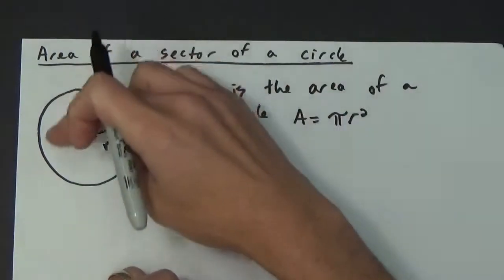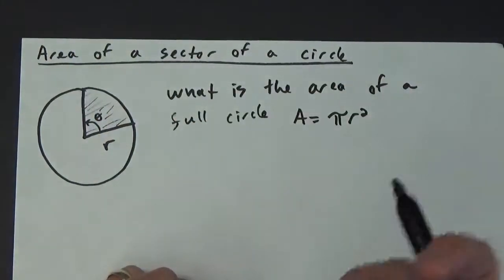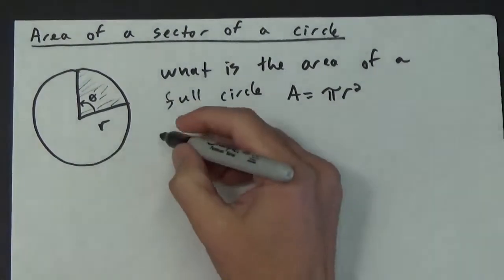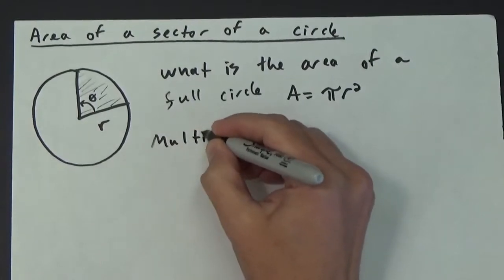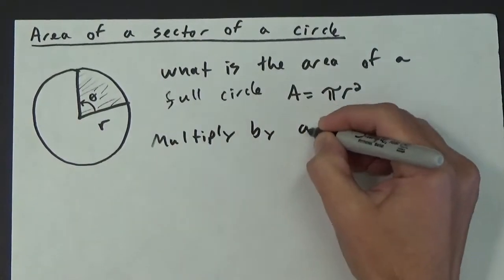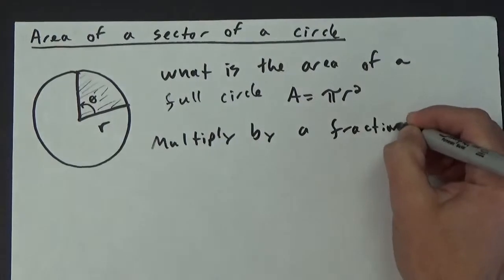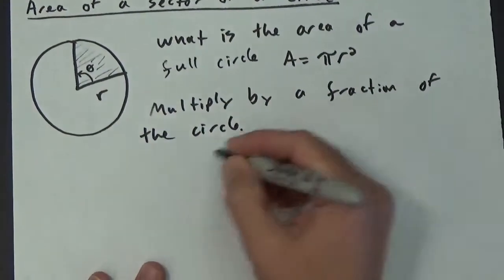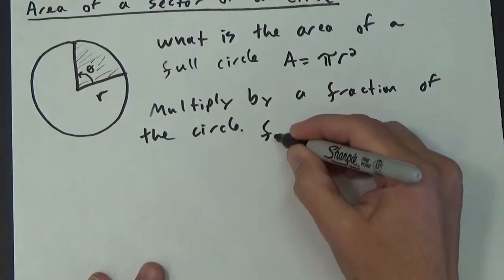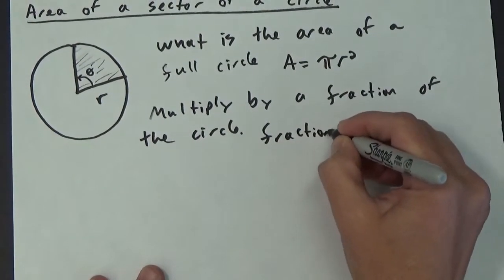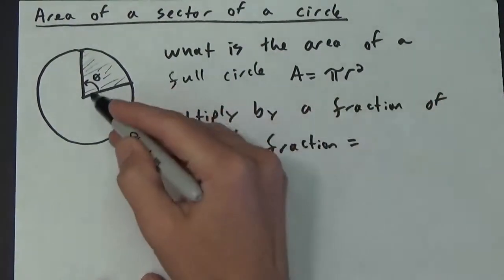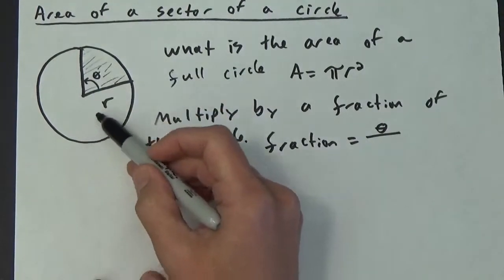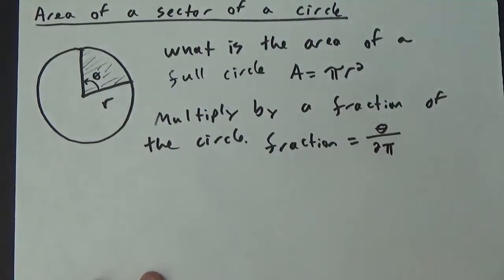Now we don't have a full circle, we only have a fraction of the circle. So we're going to multiply this by a fraction of the circle. Our fraction from before: we have some angle theta, and one revolution is 2 pi radians.